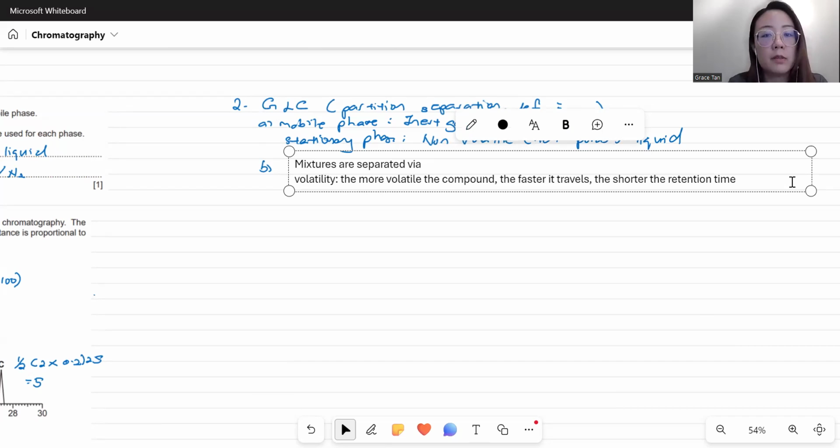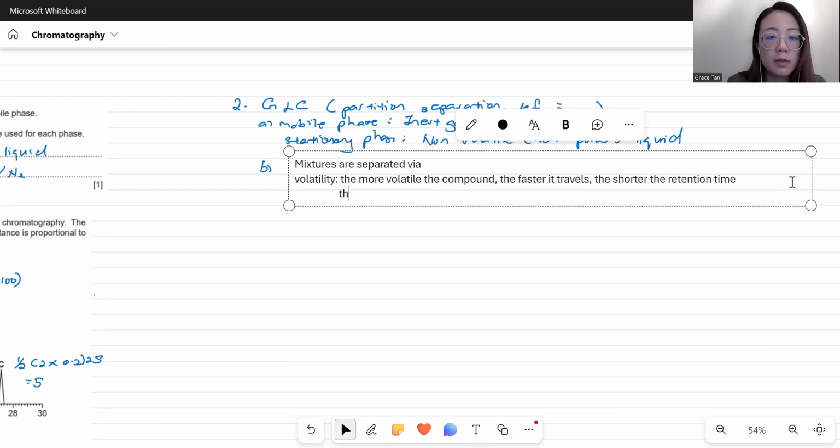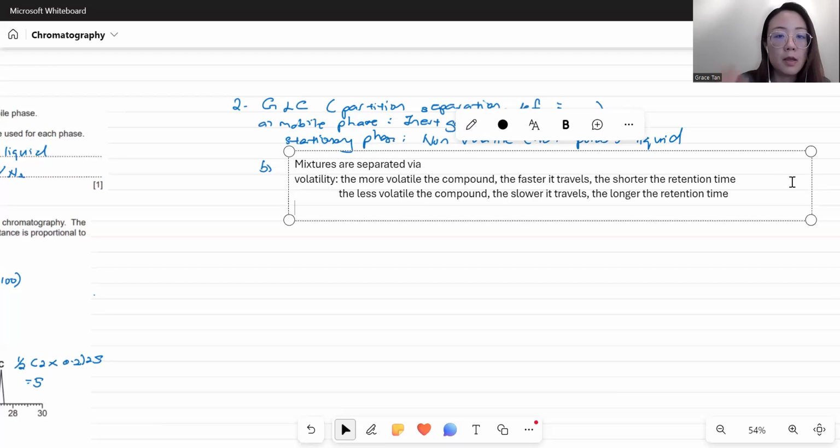Or the other way around, the less volatile the compound, the slower it travels and the longer the retention time. That will be volatility. Mixtures are also separated based on polarity.